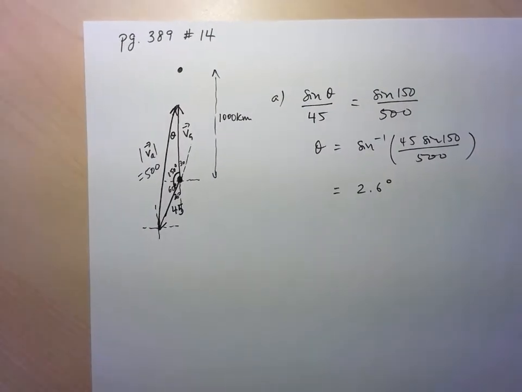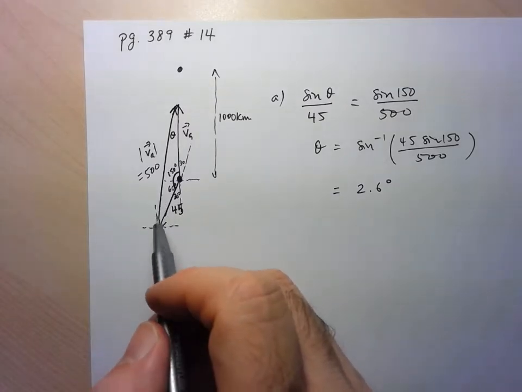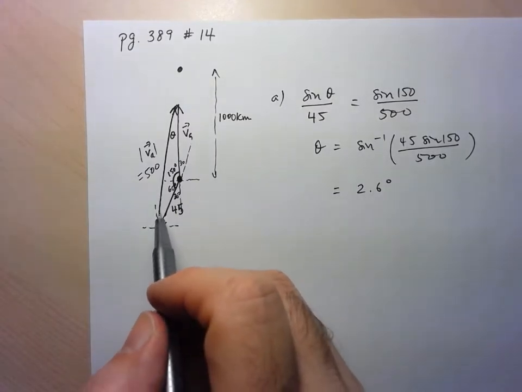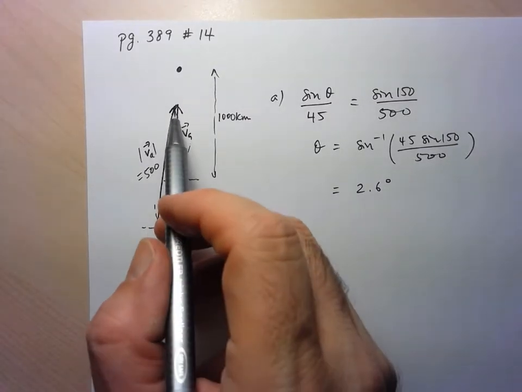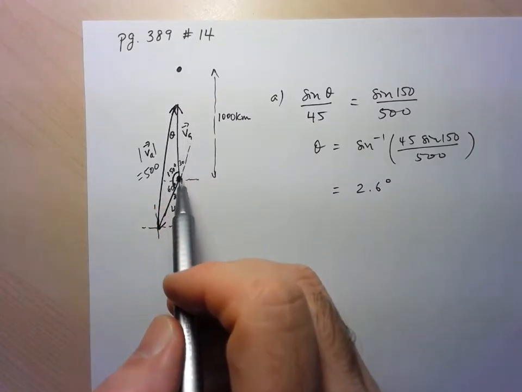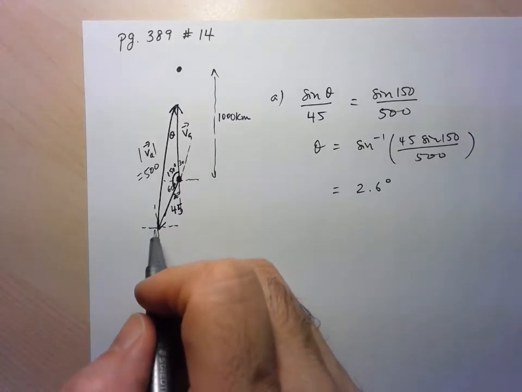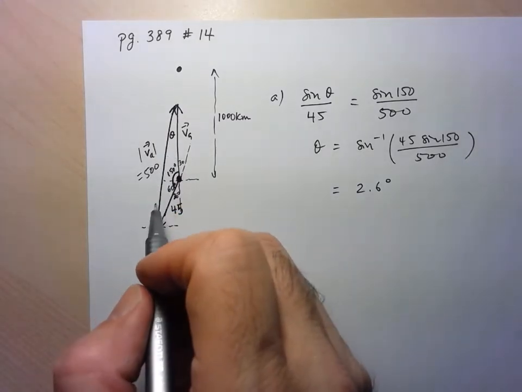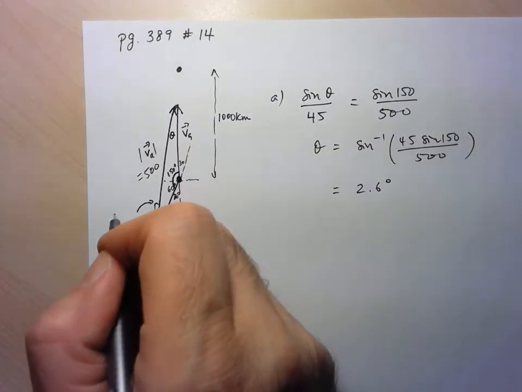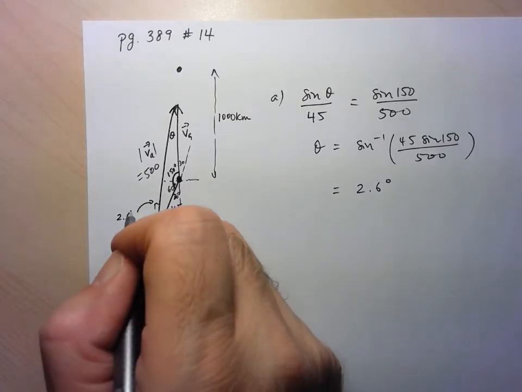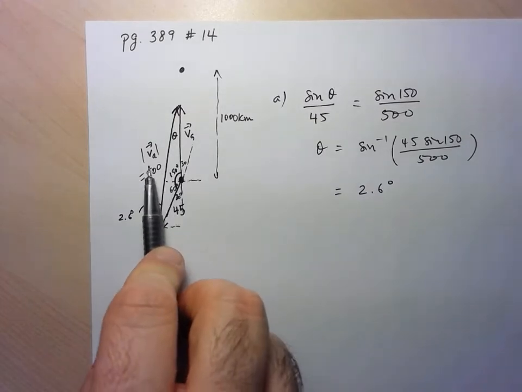Okay, so now what we have to do though is determine the direction for this angle here. Now, I could find this angle because I know two angles, I can find the third, but what I realize here is, hey, I've got north-south from this vector plus north-south from my little cardinal plane here, and so we can use our parallel line principle that if this angle here is 2.6, then that angle there is also 2.6 degrees, by the fact that here we have two parallel lines.